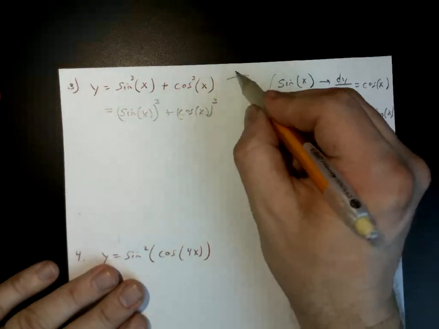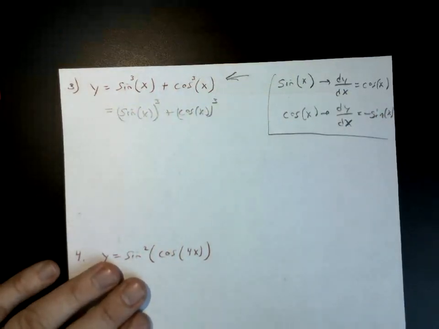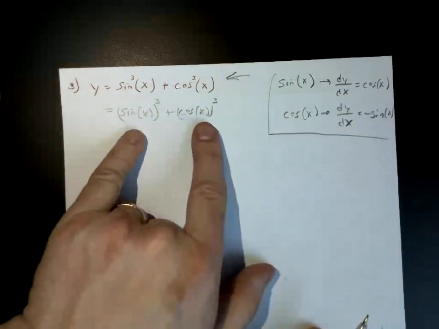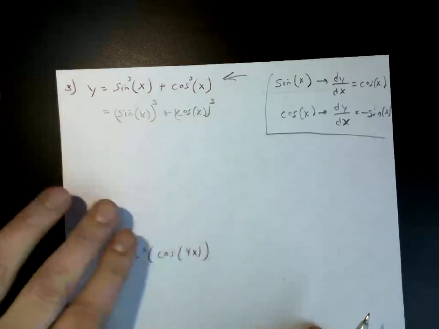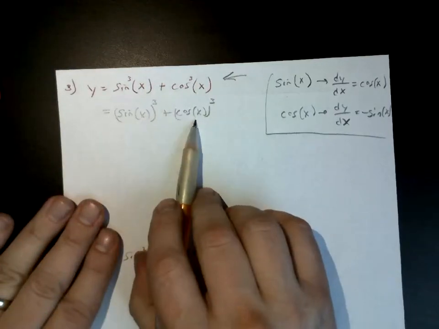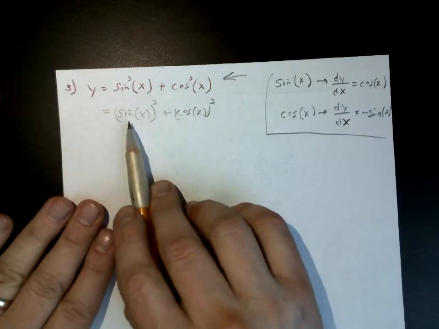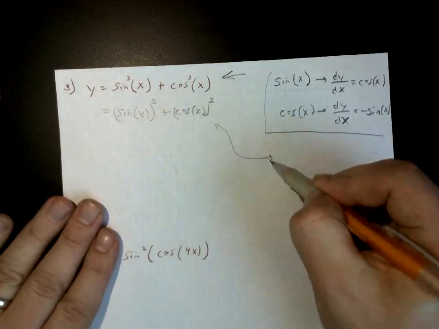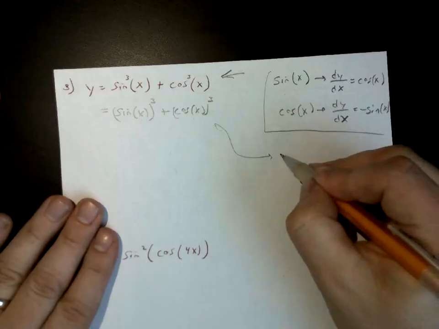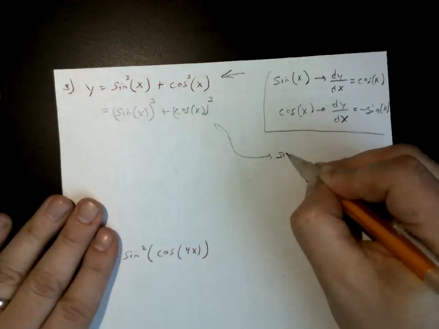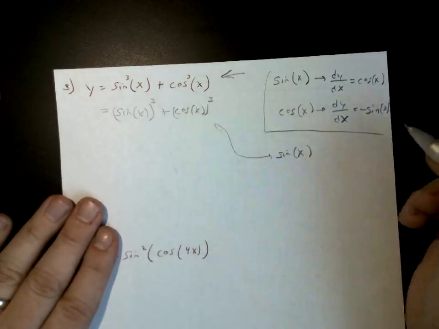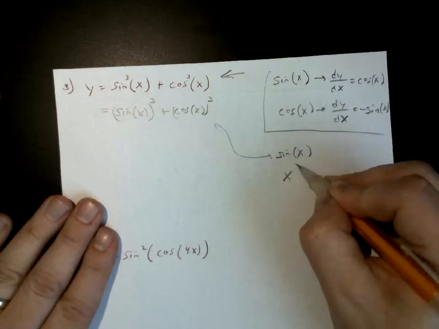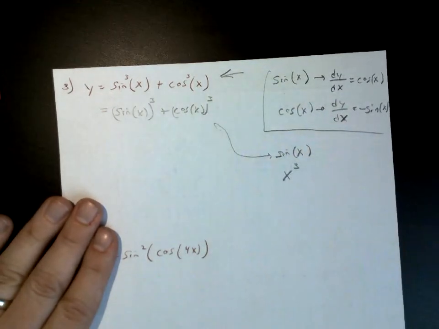This part here is just proper. So now, do you see the chain rule? Do you see the chain rule here? We're going to have to do the chain rule twice. Don't know if you see it or not, but this is a function within that. So over here somewhere, you might want to say, okay, well, I see this, but look at it this way. I see that, and I kind of see that. Do you see it?